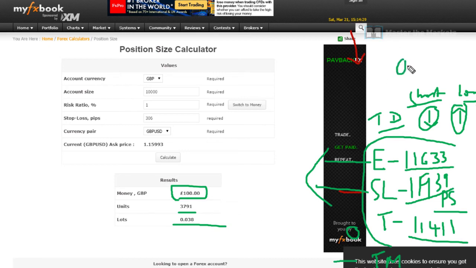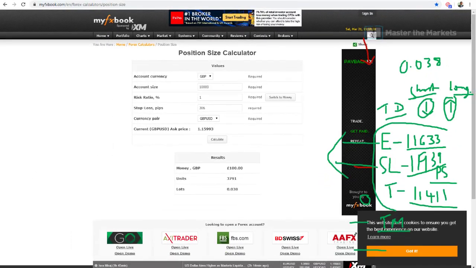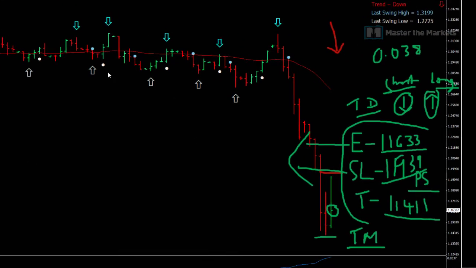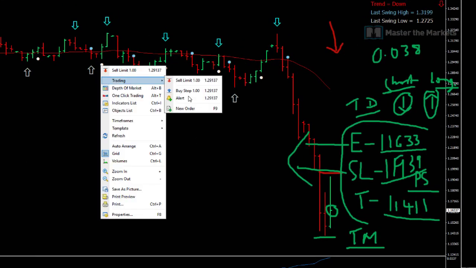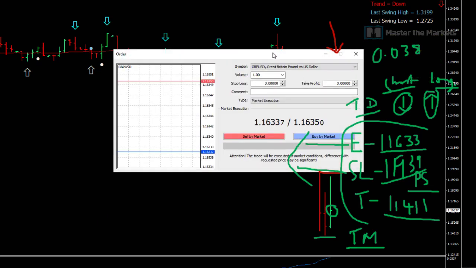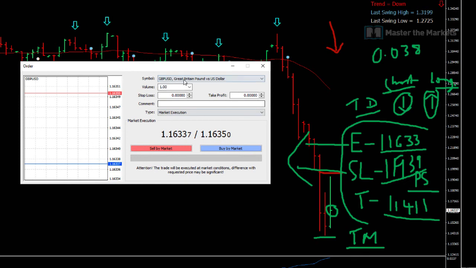Let me add that in here, 0.038. Once I've done all of that, I go on to the MetaTrader platform. Then I can place my trade. Click on trading, new order. It will come up with an order ticket. Make sure it's the right currency. For volume, I enter what I found out, 0.038.